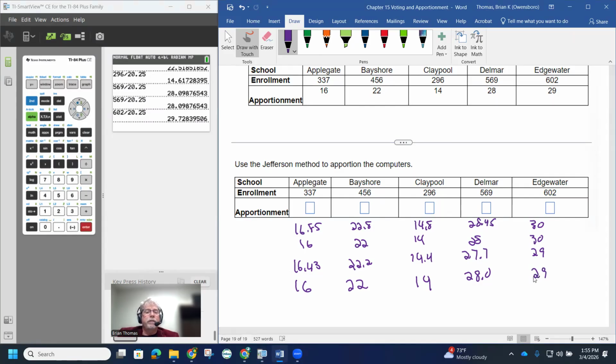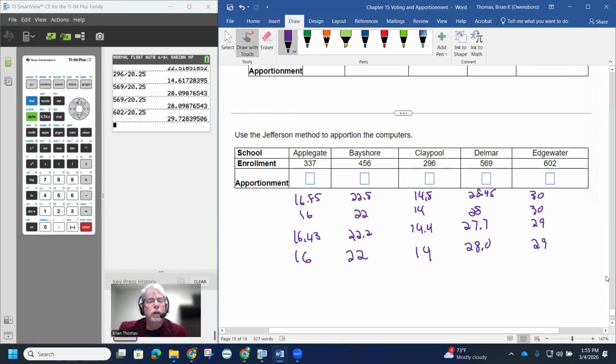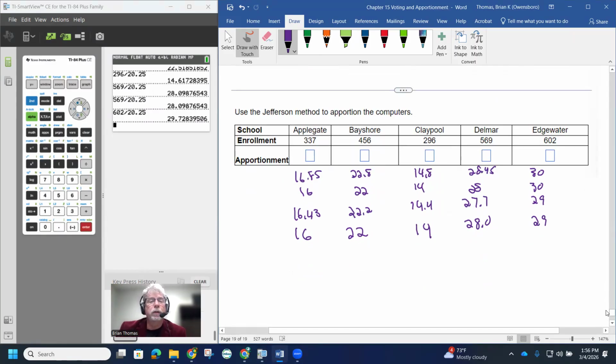So it looks like the modified divisor is somewhere around there. Again, this is not the only one. It could be anything, but we knew that 20 was too small, 20.5 was too big, but 20.25 gave us back to where we are adding up to the same value. So notice that the Hamilton method and the Jefferson method still gave us the same results. That's interesting. Nothing really changed there.